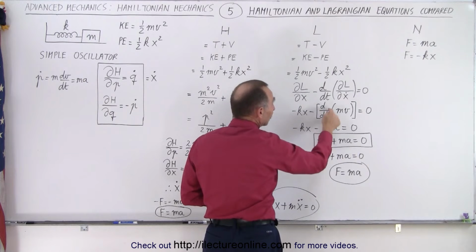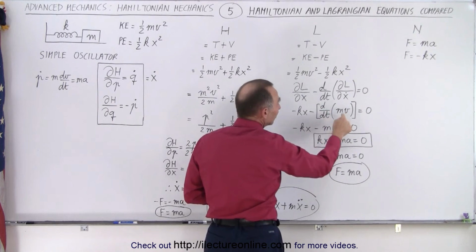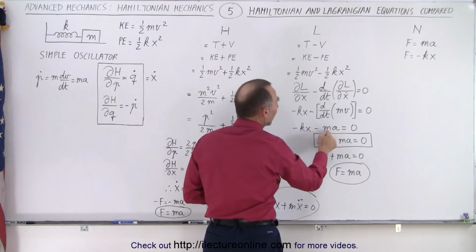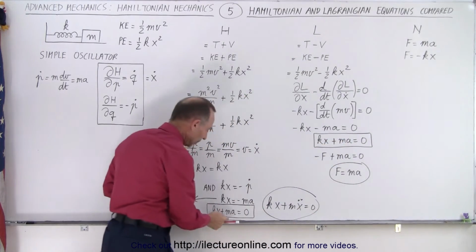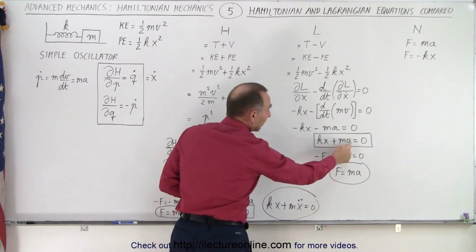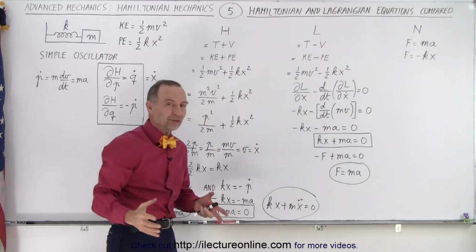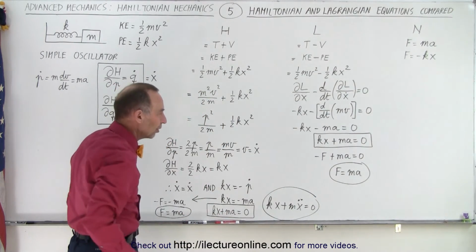But then when we take the time derivative of mv, of course m is a constant, the d/dt of v is simply acceleration, so we end up with minus kx minus ma, or if we multiply both sides by negative, we end up with kx plus ma. We end up with the exact same equation, or again, if you replace a by x double dot, notice we get the exact same differential equation for a simple oscillator. So either method will give us the exact same result.